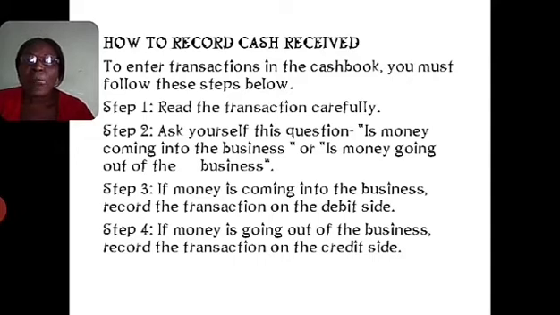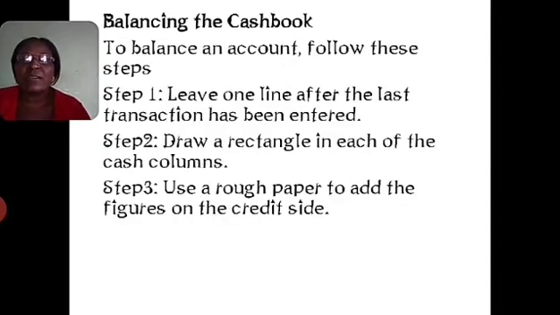Step 3, if money is coming into the business, record the transaction on the debit side, which is the left-hand side. Step 4, if money is going out of the business, record the transaction on the credit side, which is the right-hand side. Then after recording, the final step is to balance the transaction in the cash book.